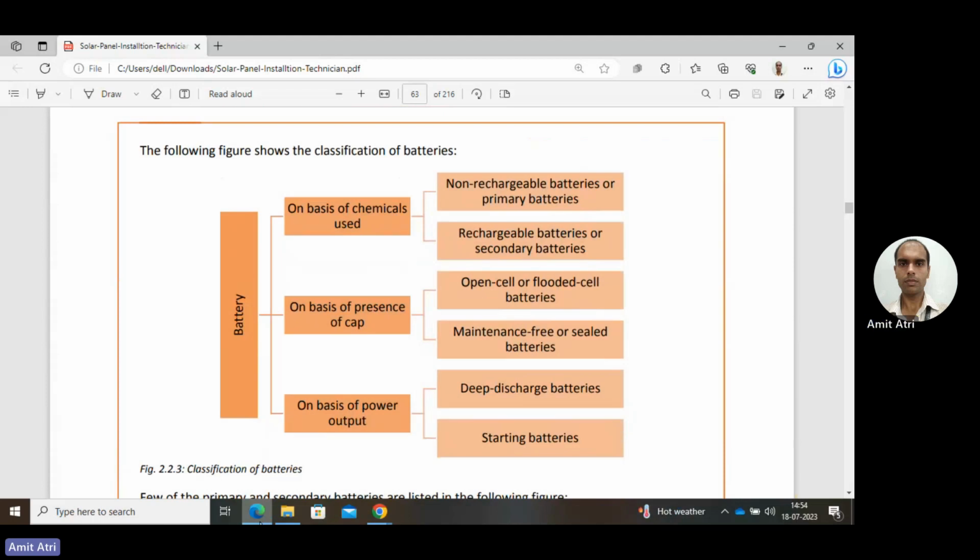On the basis of presence of cap, there are open cell or flooded cell batteries, and next, maintenance free or sealed batteries. And third, on the basis of power output, deep discharge battery and starting battery.